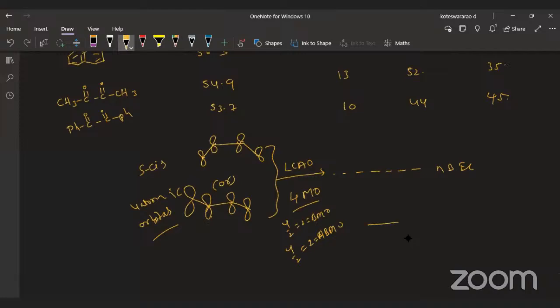The least energy orbital is like this, and you can represent it like this. These are the two bonding molecular orbitals.